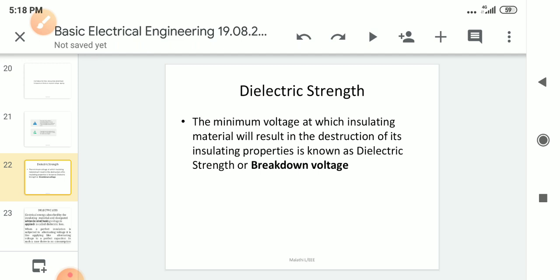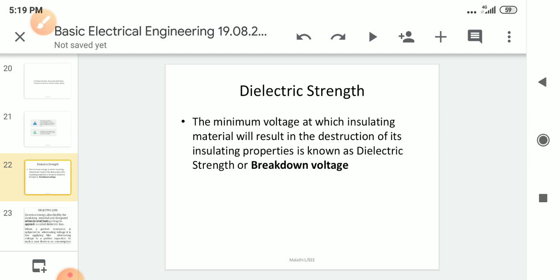An insulating material should have sufficient dielectric strength, as it determines the capacity of that insulating material. This is a very important definition. For your 1 mark question also, it comes in your exams.